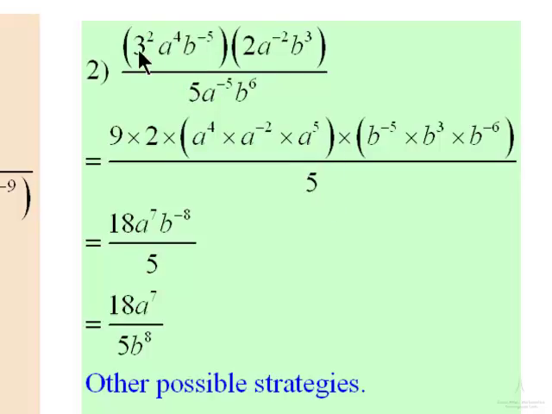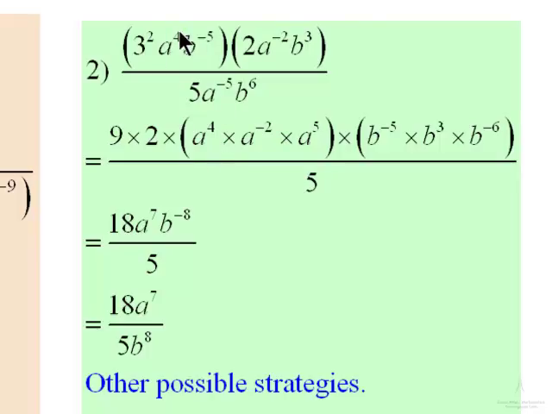And then I grouped the exponential expressions with the base a together, and the exponential expressions with the base b together. So it's just a case of changing the order. Remember, the commutative law for multiplication is valid. And then I grouped it because the associative property is also applicable to multiplication.